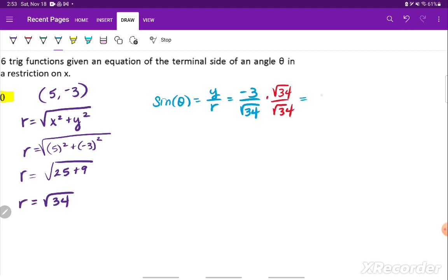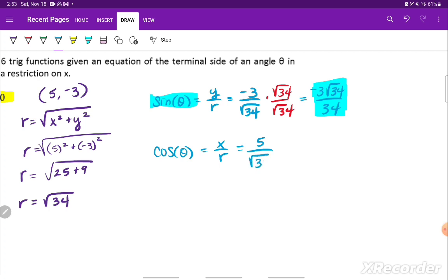That makes our sine of theta negative 3 square root of 34 over 34. Cosine of theta, defined x over r. That'll be 5 over square root of 34. Again, we'll rationalize. Cosine of theta is 5 square root of 34 over 34.